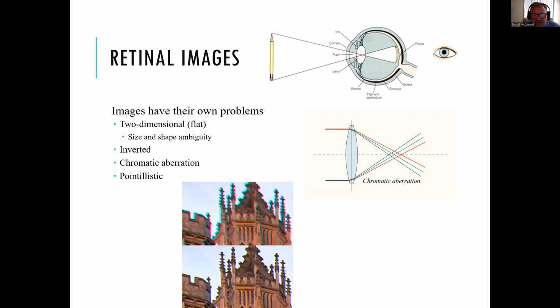There's a blue ghostly castle kind of floating to the left of the rest of the castle, right? But of course, on the bottom, we see what happens if we do an appropriate correction to the image to eliminate that color shift or chromatic aberration, and we fix it, and everything is now aligned properly.